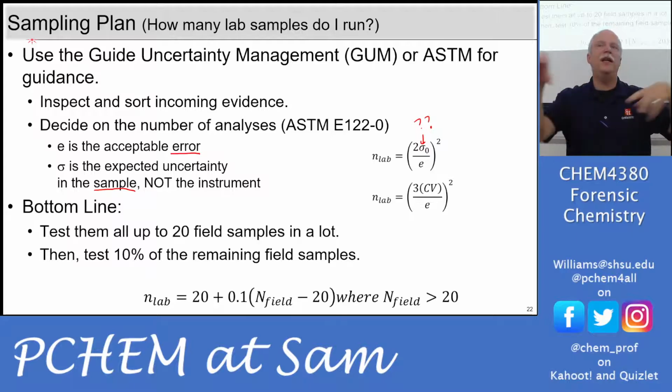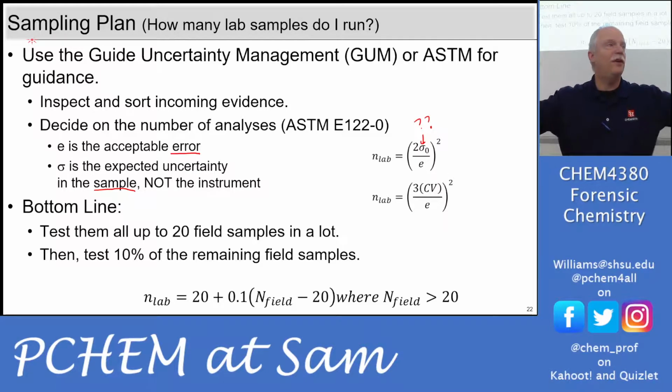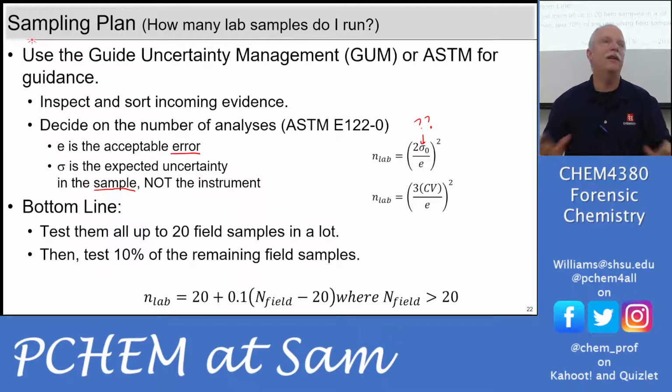So we do 20 plus 10% of the remaining. So 10% of 480 is 48. So out of 500, we have 48 plus 20. We have 68 samples. So now we have a sampling plan. So out of 500 packets, we can pull out 68 at random. And we can be pretty confident that we've characterized all 500.